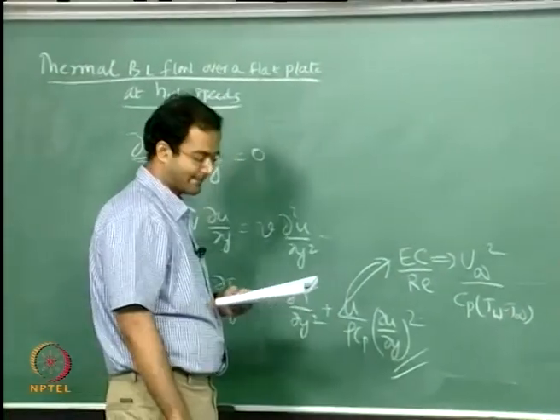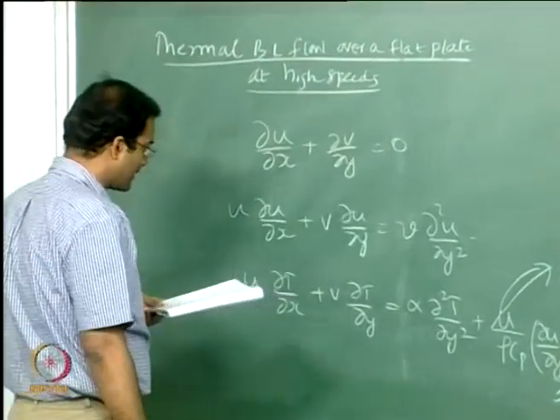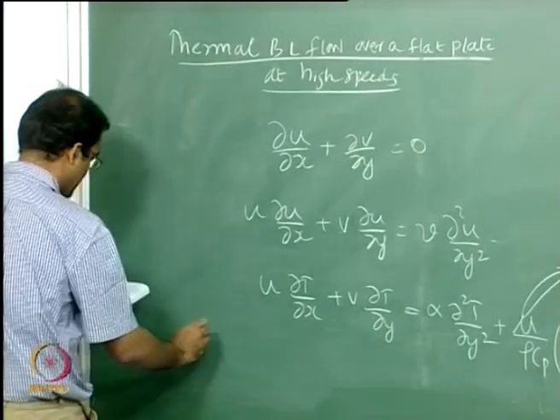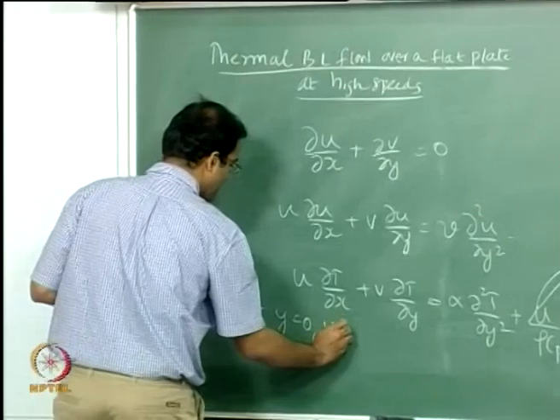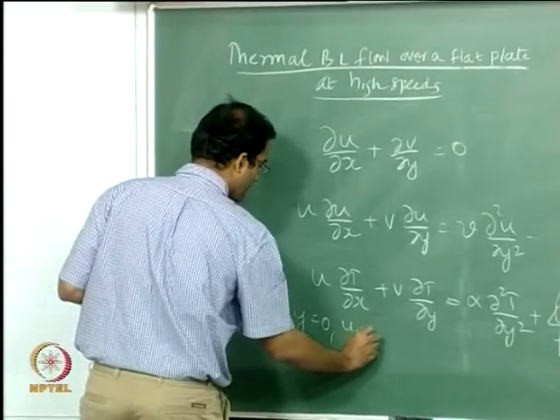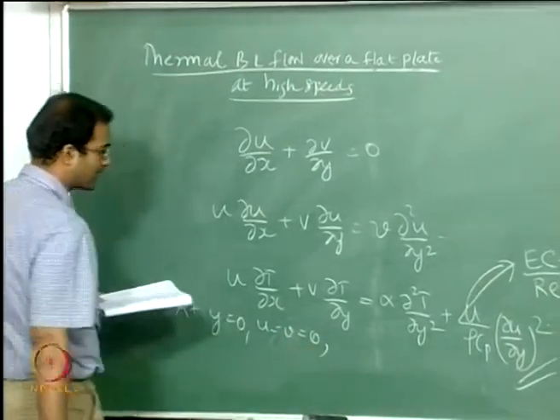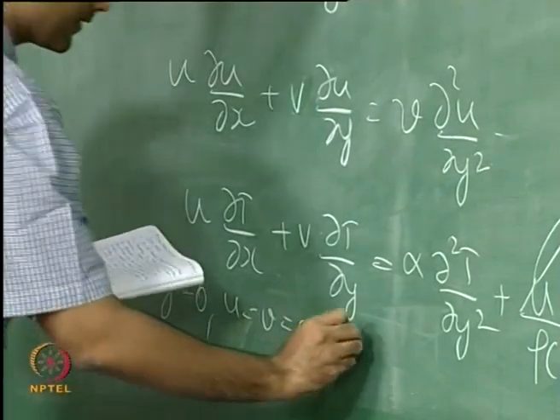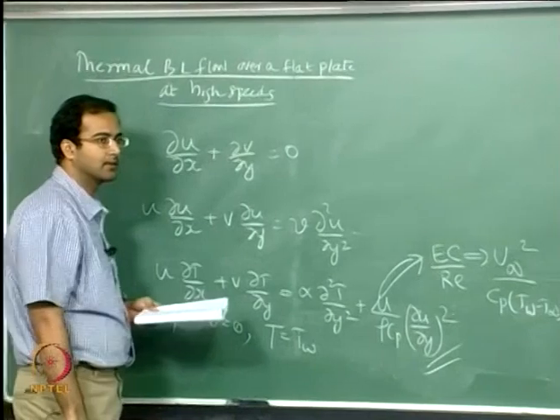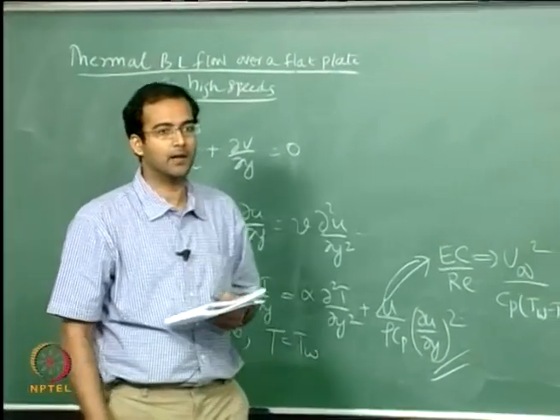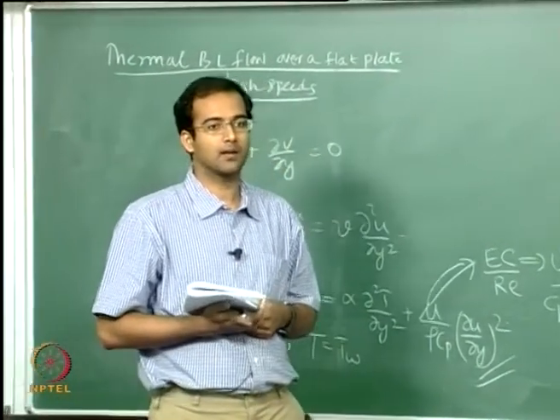Now this is subject to the boundary conditions that at y equal to 0, your u and v are 0, and for temperature you can either have a constant wall temperature or an adiabatic wall.